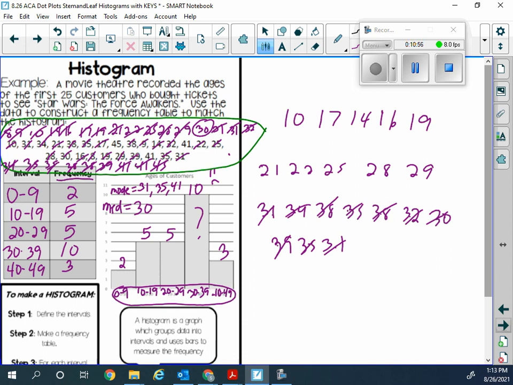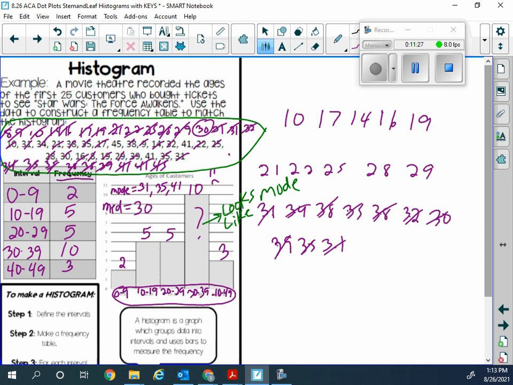Thank you for asking. Earlier I said that here, this looks like where the mode should be because it was the tallest one.